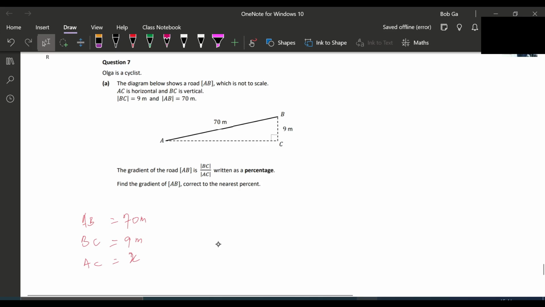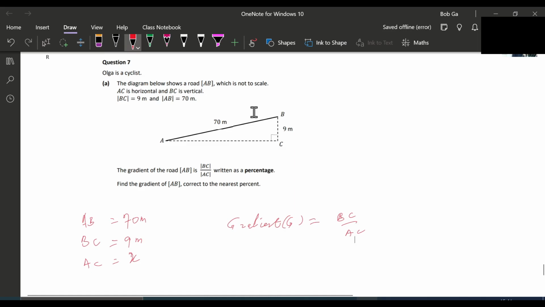But we're told that the gradient G is equal to BC over AC. So to get the gradient now, we need to get AC.